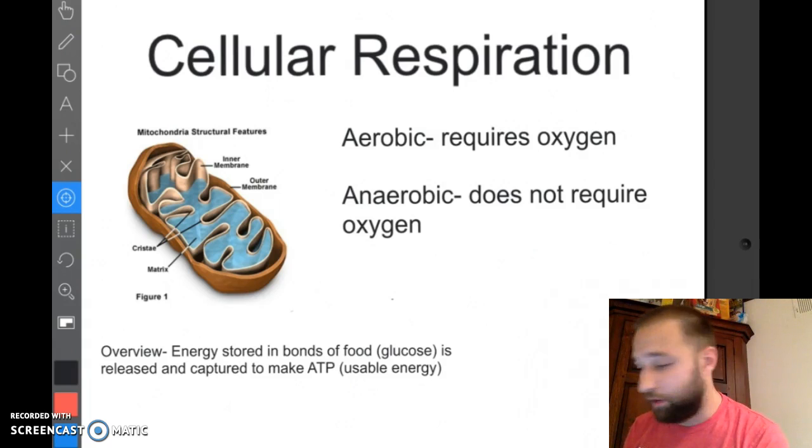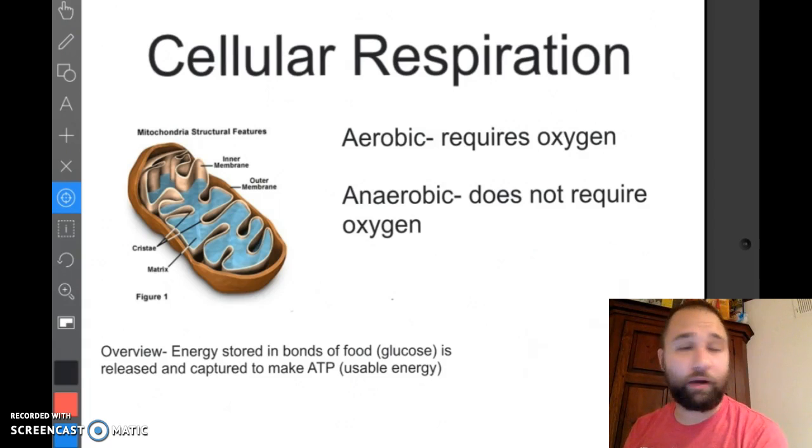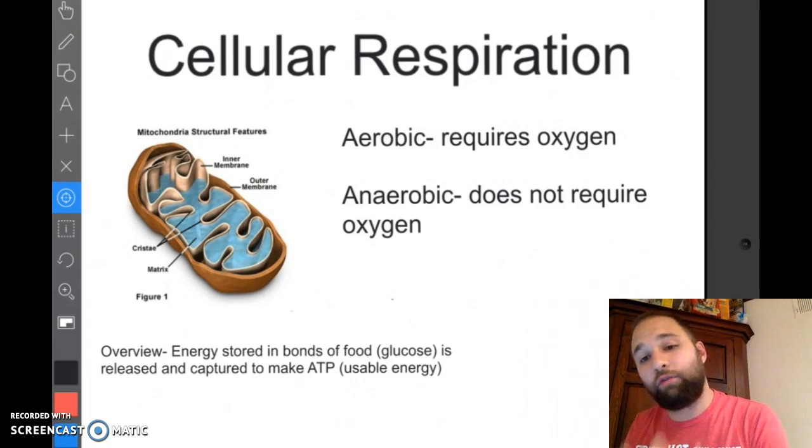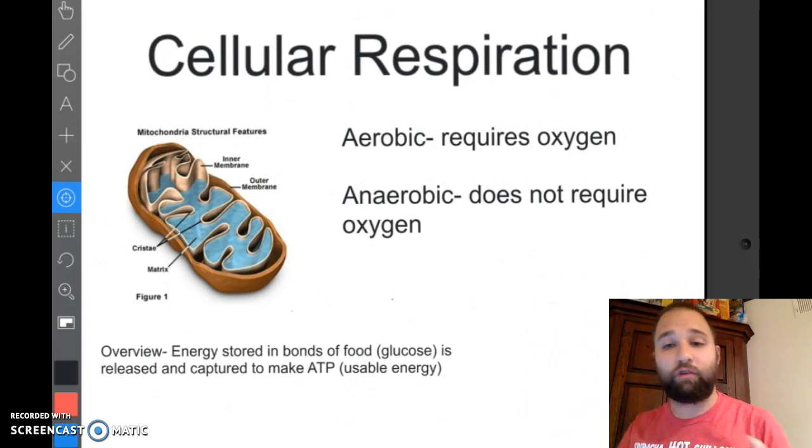And real quick, the definition of respiration involves the transfer or release of chemical bond energy from food into a form usable by organisms. So basically, it takes a molecule such as glucose, and there's energy in those bonds. So it breaks the bonds, and when you break that bond, energy is released, and that energy is then captured by a molecule called ATP, which is what the cell can use whenever it needs to.